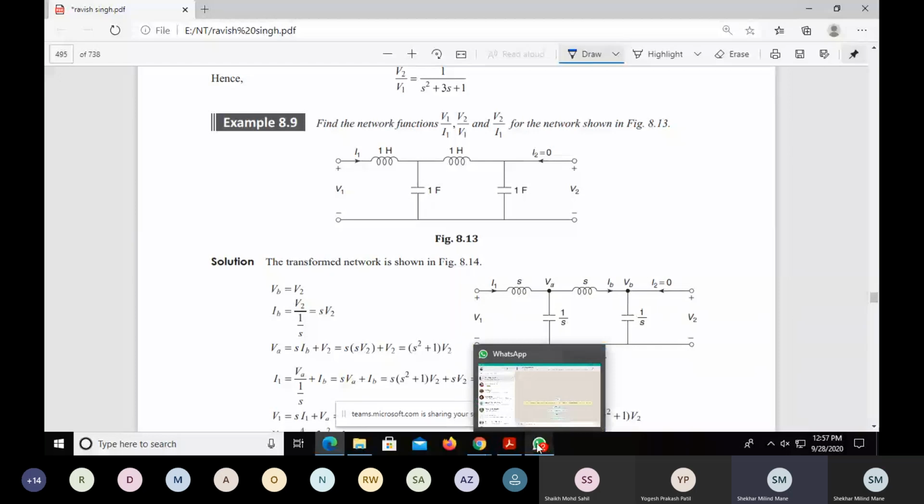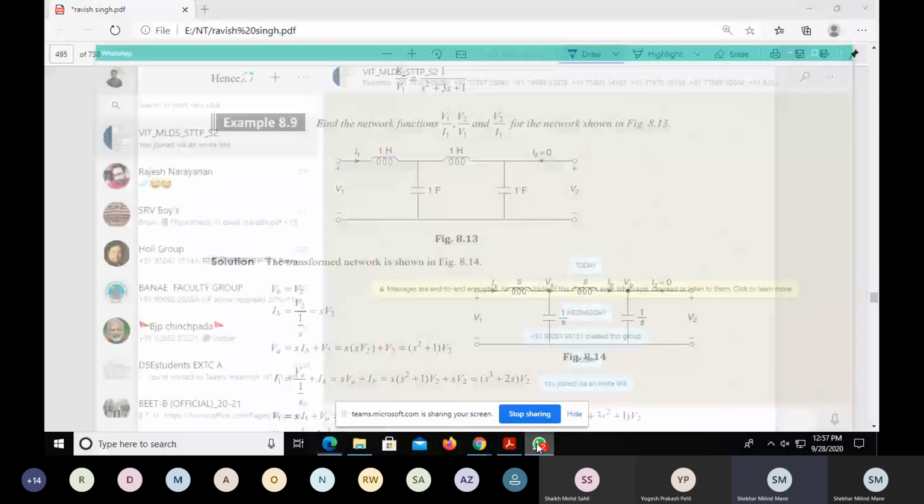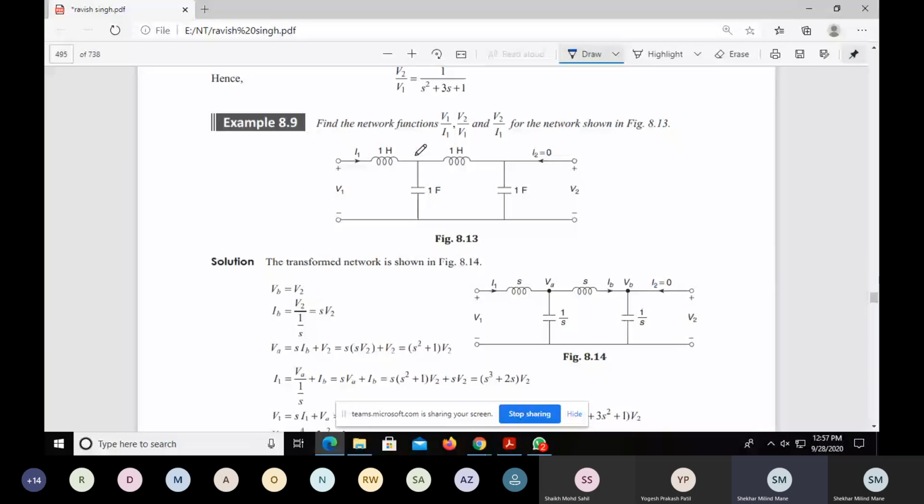Now we will see the next problem. In this problem, we have to find these three ratios: V1 upon I1, V2 upon V1, and V2 upon I1.